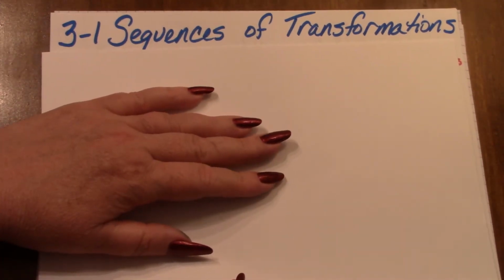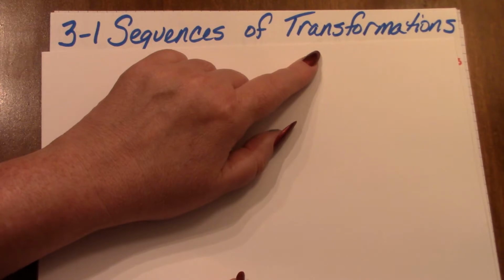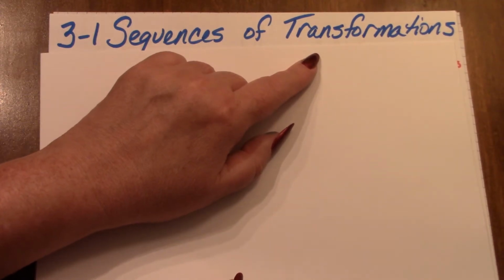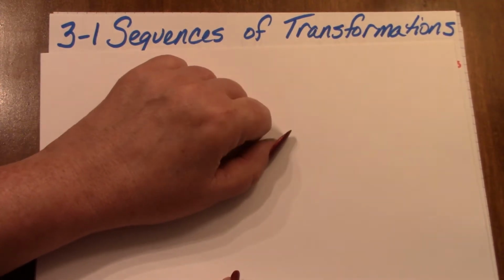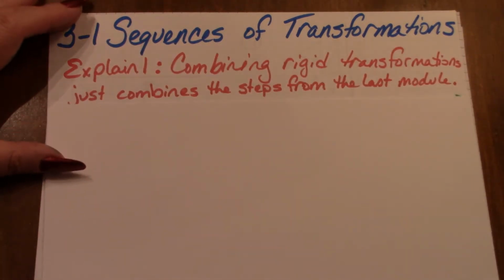In Module 2, we talked a lot about individual types of transformations and what it looks like to do rigid movements. This unit is going to combine those so that while it doesn't get more difficult, it does get a little more complicated.